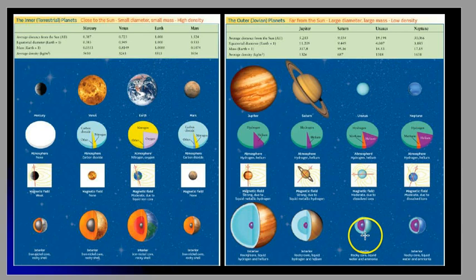And then Uranus has the rocky core, and around it is liquid water and ammonia, and then hydrogen and helium. And the same for Neptune: rocky core, liquid hydrogen and ammonia, and then external surfaces of helium and hydrogen. When you look at their atmospheres, it's mostly hydrogen, some helium, and for the last two, hydrogen, helium, and methane.